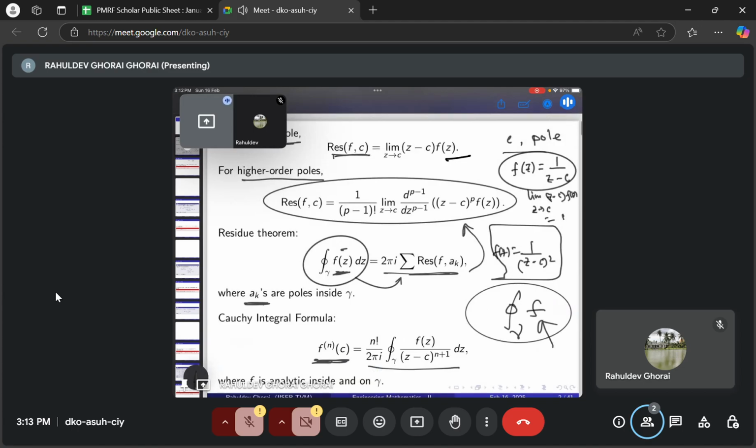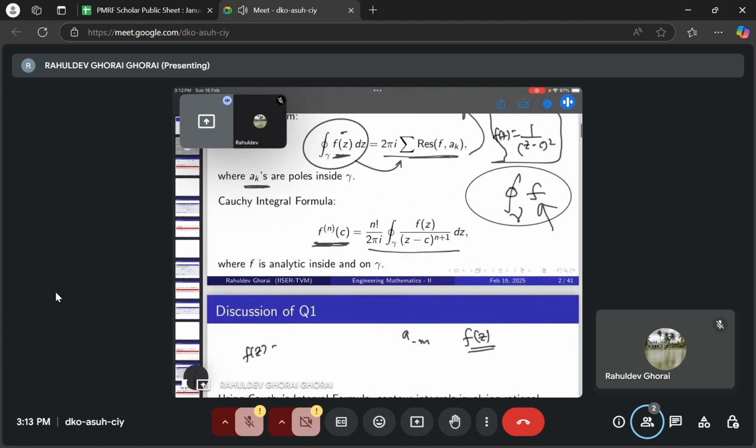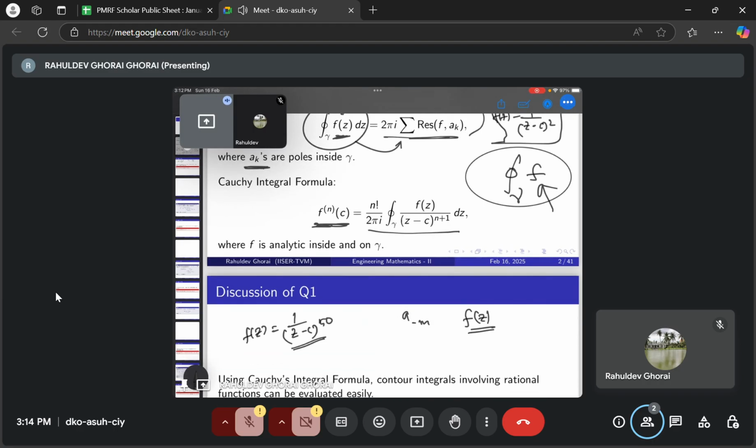So here you see f(z) equal to (z minus c) to the power, let's say, 50. If you expand it in the Laurent series expansion, the maximum you can get is a minus 50. In the Laurent series expansion, you have a n z to the power n, and n belongs to the integers.